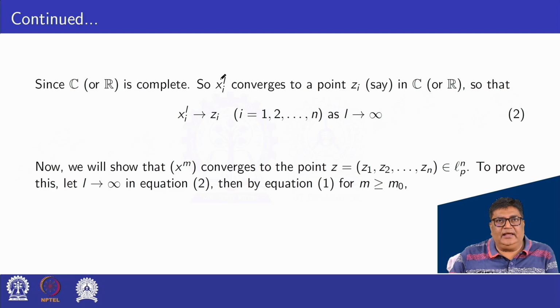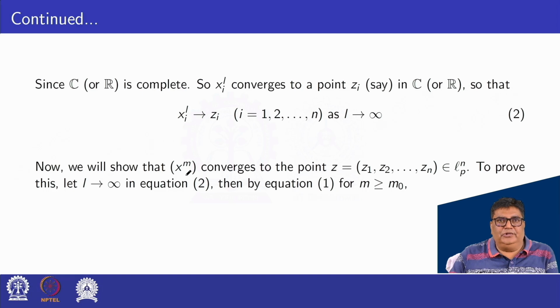So, xli converges to a point, suppose zi in C or R, so that xli converges to the point zi as l tends to infinity for all i. Equation 2.